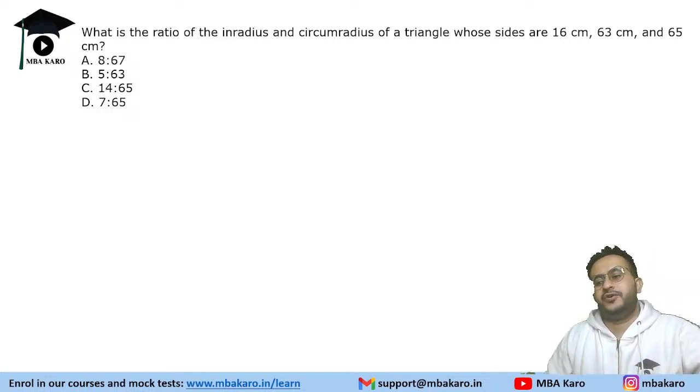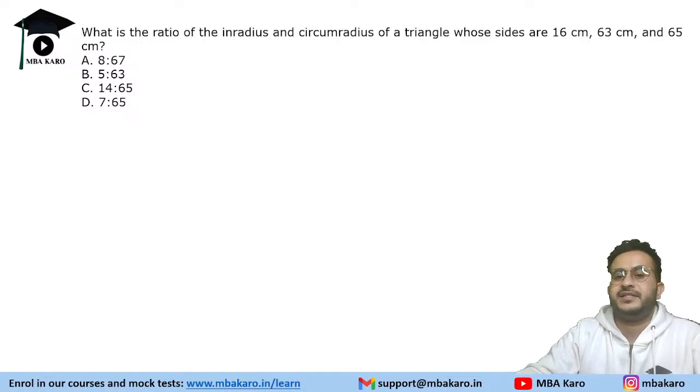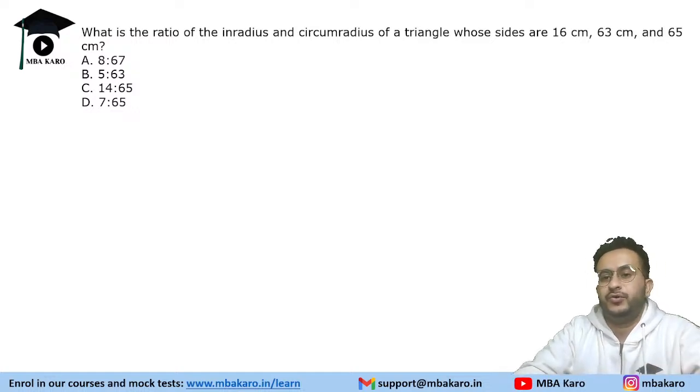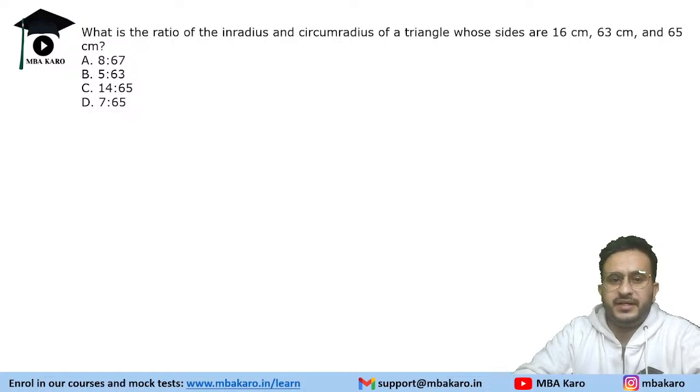What is the ratio of inradius and circumradius of a triangle whose sides are 16 centimeter, 63 centimeter, and 65 centimeter?